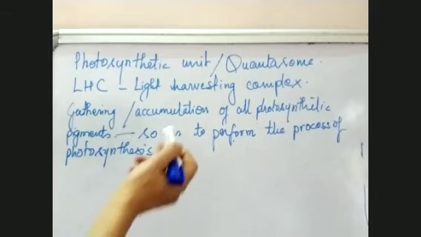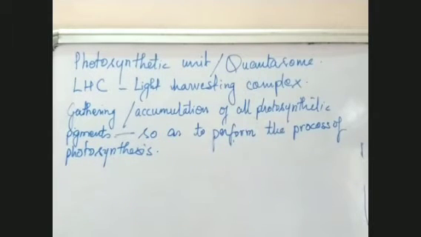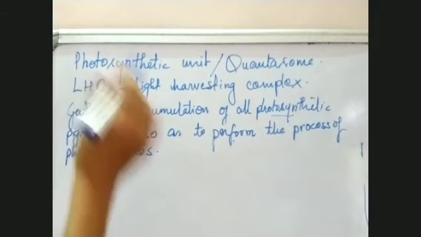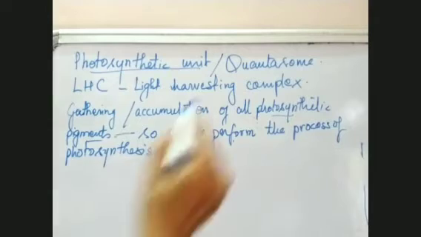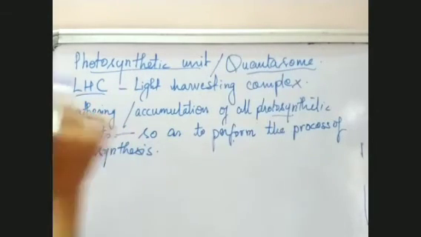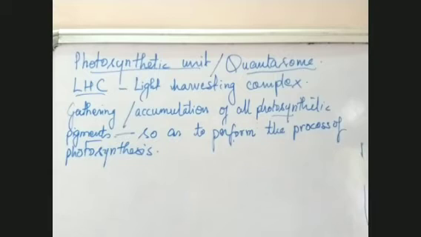When they gather together, they form a unit, known as photosynthetic unit or quantosome or LHC, light harvesting complex. Why do they accumulate? To perform photosynthesis. Now, how do they gather and perform it? That I'm going to tell you now.